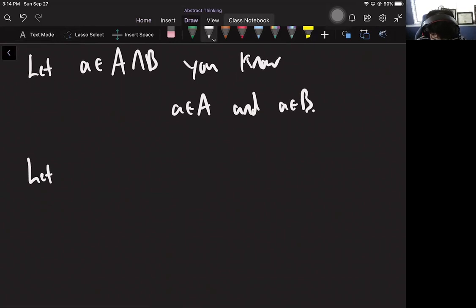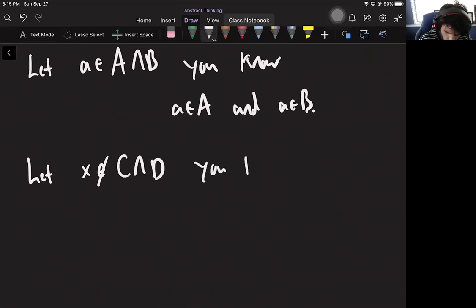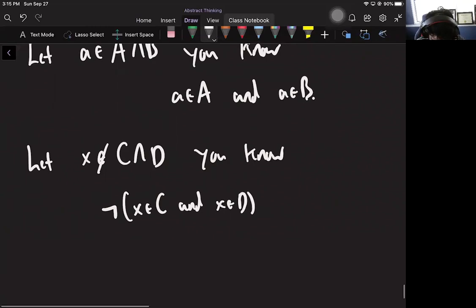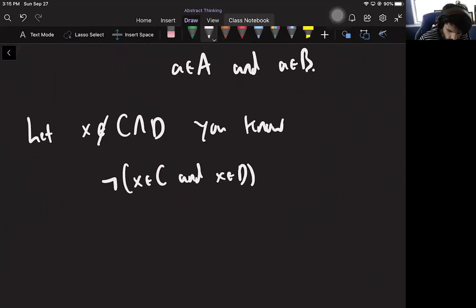Okay, so now if I know something is not in an intersection, so these different letters just for practice, then what can you say? Well, then you can say that it's not the case that X is in C and X is in D, but when you negate an and statement, you negate each piece.